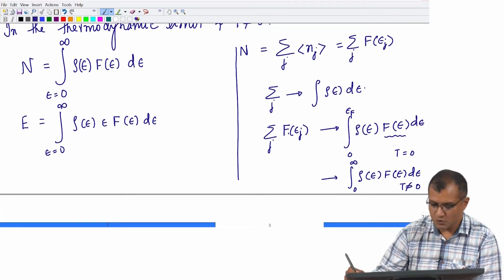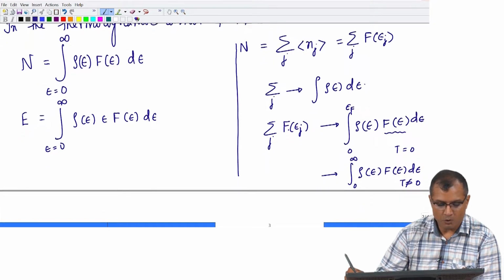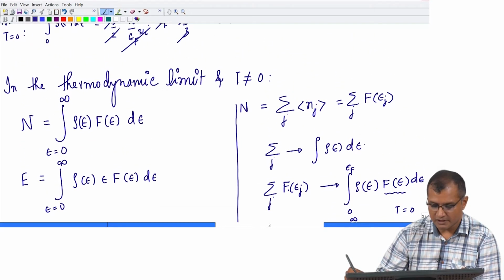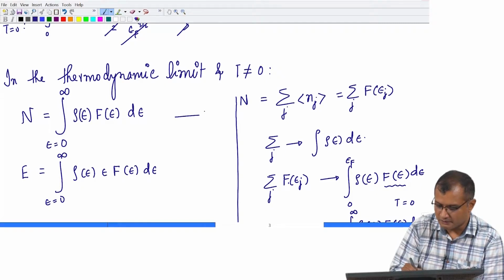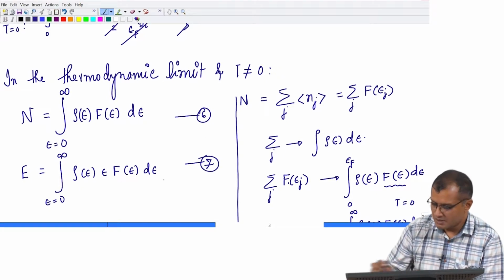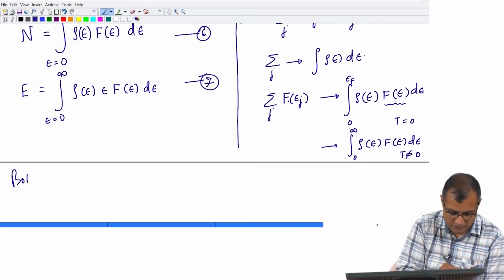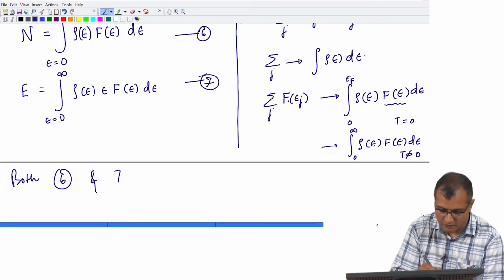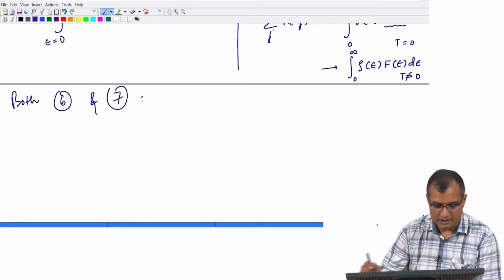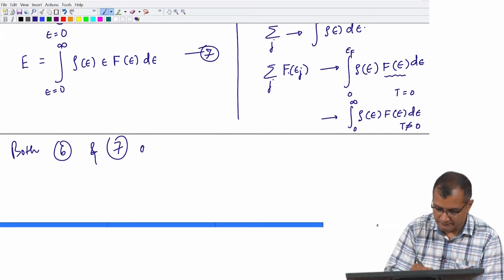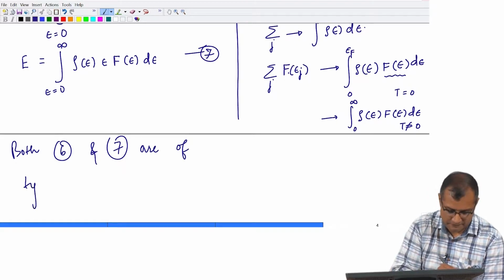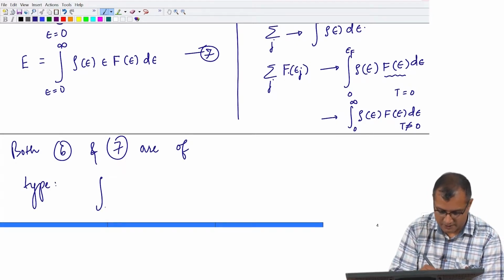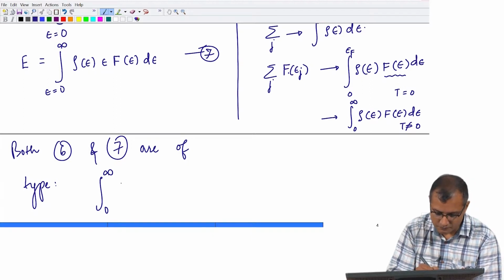Now, if you look at these two integrals, both these integrals for E and N, let us give them some numbers, equation 6 and equation 7, both 6 and 7 are of the type an integral 0 to infinity of some function phi of E into f of E dE.